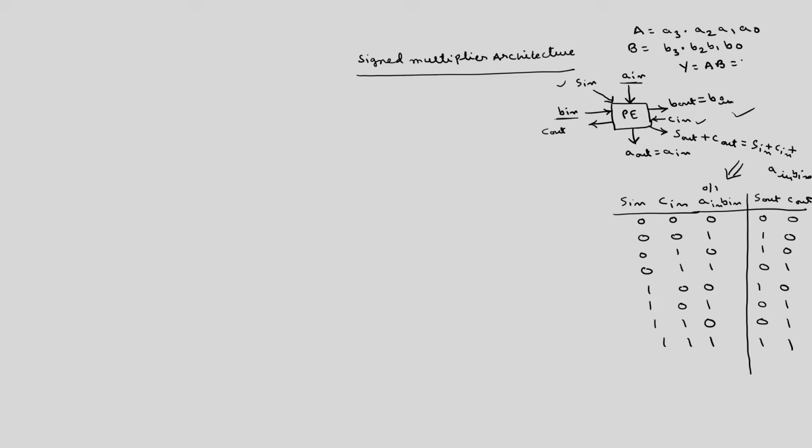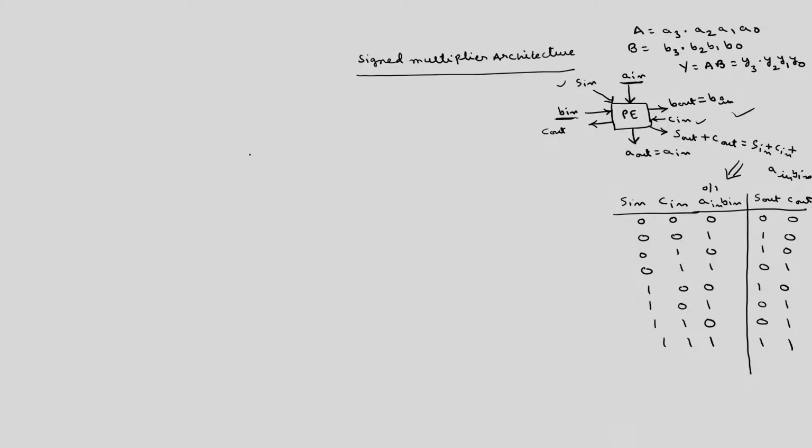This also I am storing only 3 bits, Y3 Y2 Y1 Y0. Here I have given in general that A in can be either A0, A1, A2, A3. Similarly, B in can be B0, B1, B2, B3. Because we have 4 A's and 4 B's, totally we need 16 such processing elements.